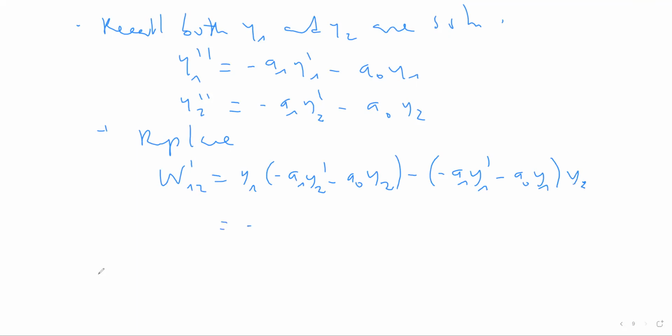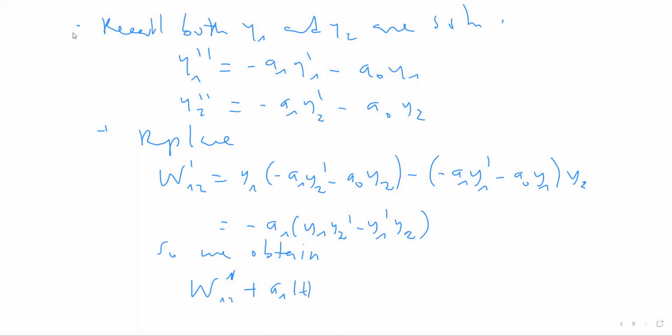And this is equal to minus A1 times (Y1 Y2' minus Y1' Y2). And so we obtain W12' plus A1(t) W12 is equal to 0.